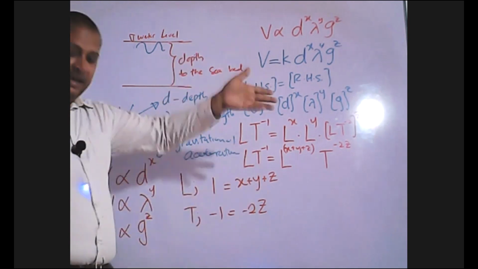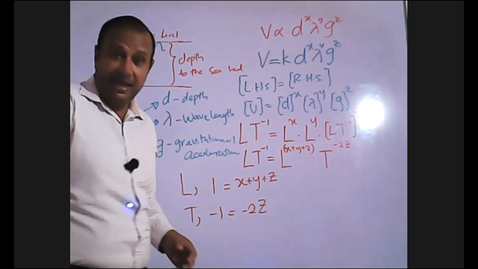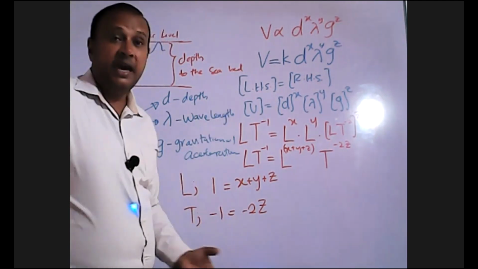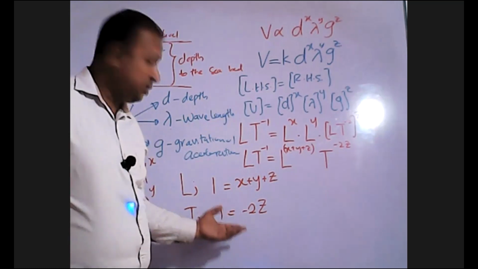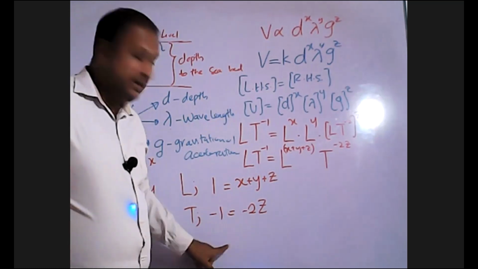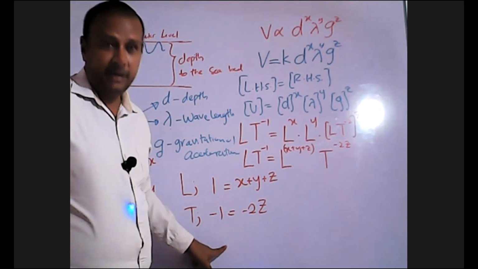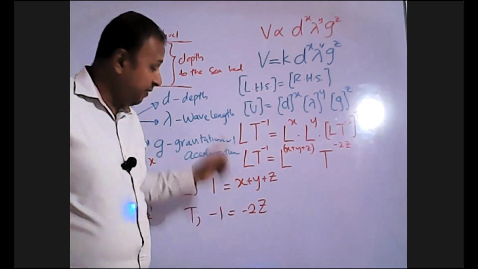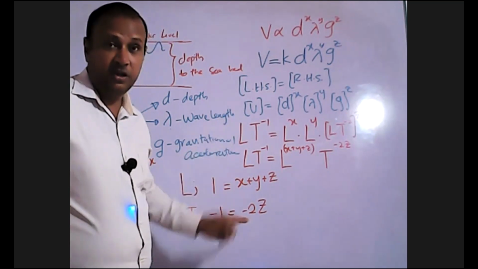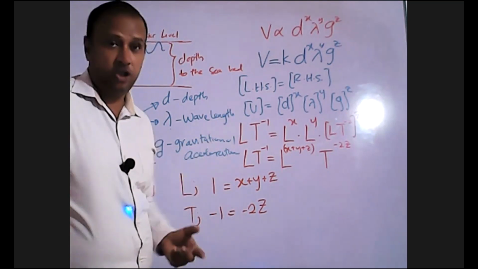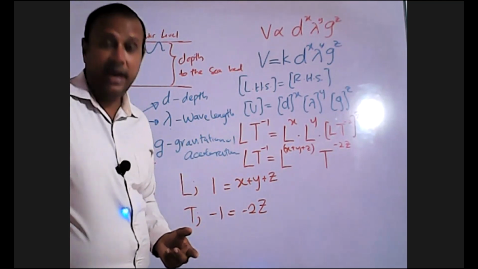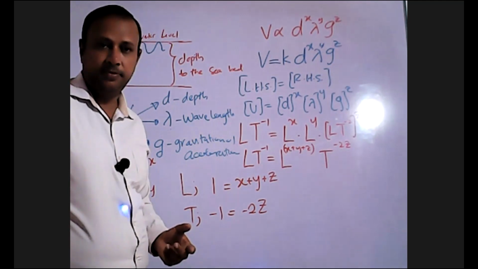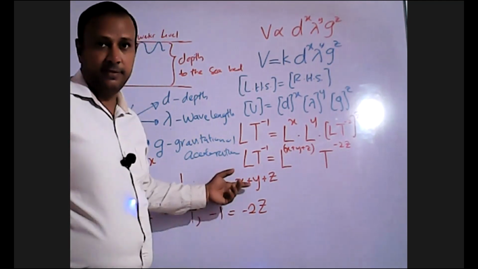My next topic is the limitation of this analysis. That's why I gave this question as the final question of this session. If I want to find an equation, to build a relationship, then I should have enough simultaneous equations to solve the unknown factors.